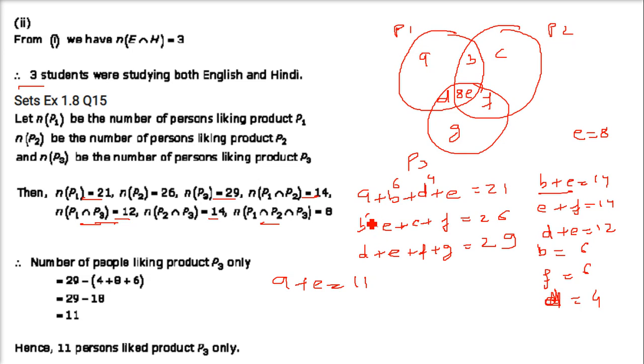Now here B is 6 and F is 6. So E plus C will be what? 26 minus 12, which is going to be 26 minus 14.